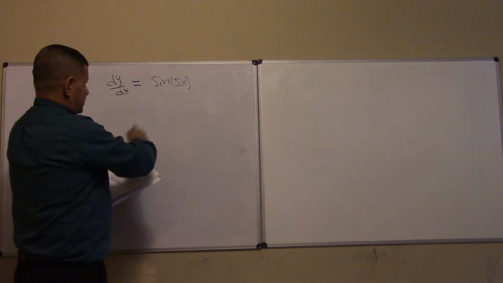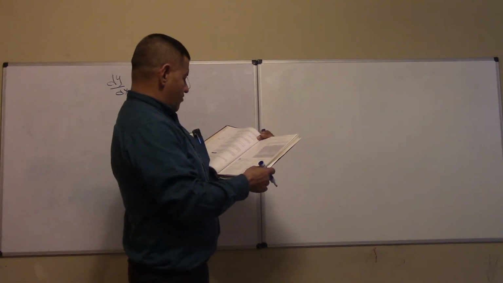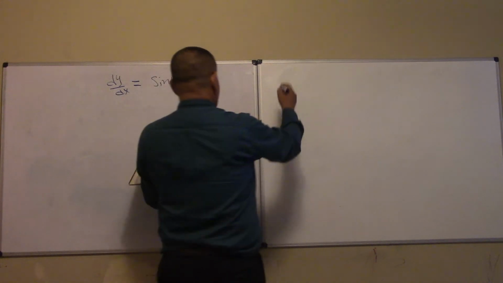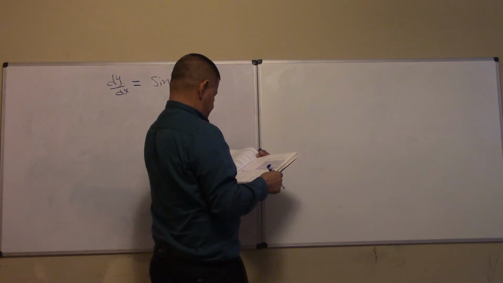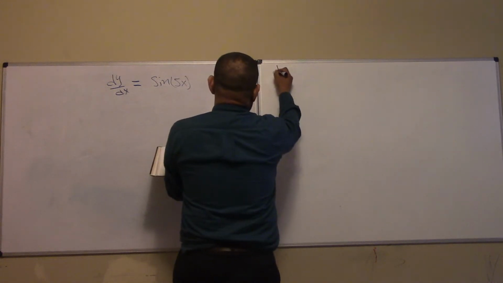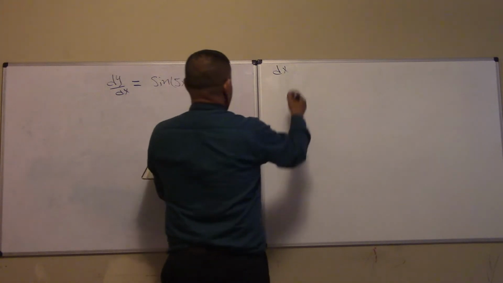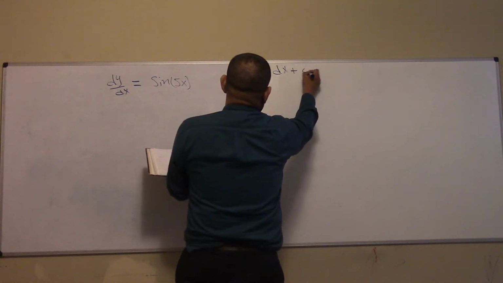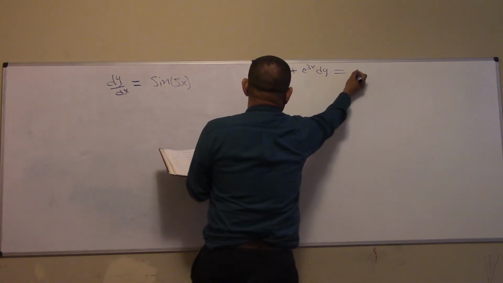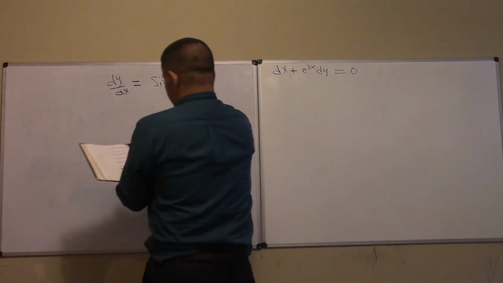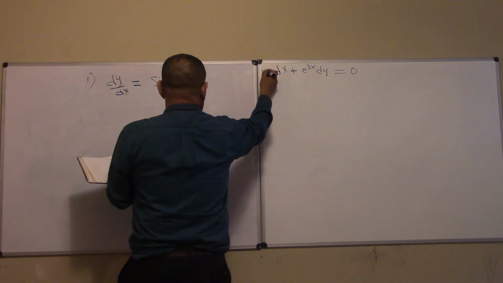And the second one is going to be dx plus e to the 3x dy equal 0. So this is going to be number 1, and this is number 2.